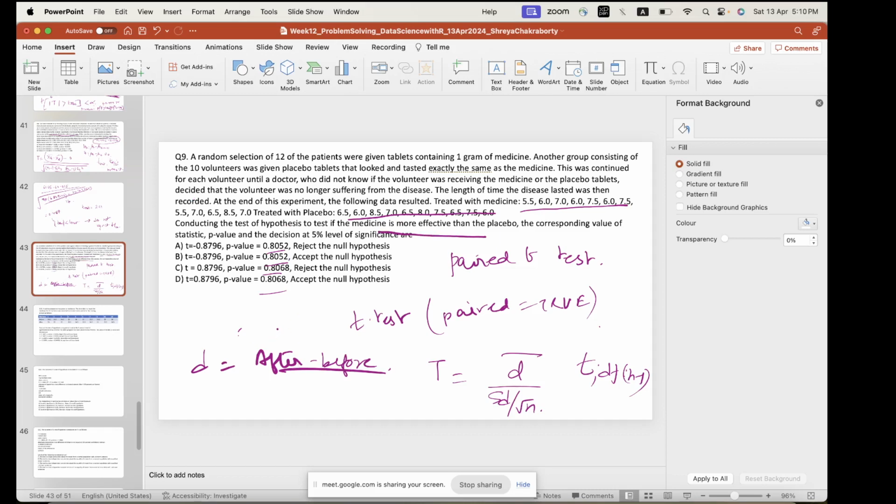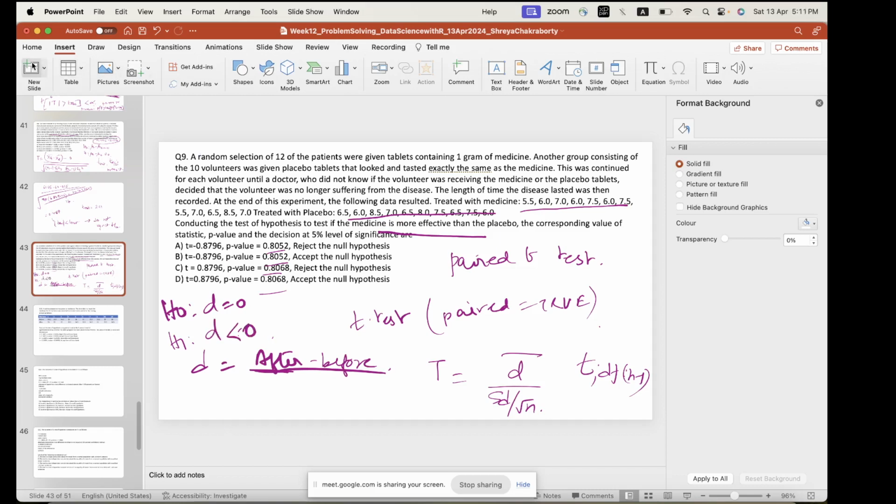Then your H naught should be d equal to 0. Before medicine, the length of time the disease prevailed, and after medicine, the length of time that disease prevailed is actually the same. And H1 means that after the medicine, the length of disease prevalence is less than before. So your H1 will be d less than 0.